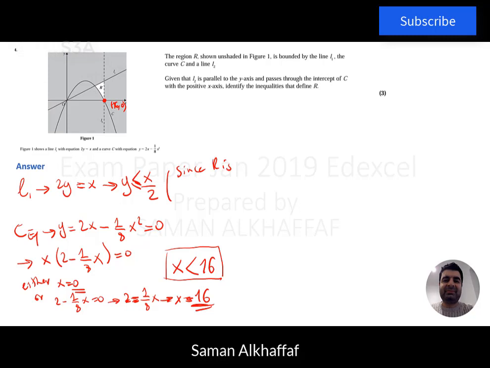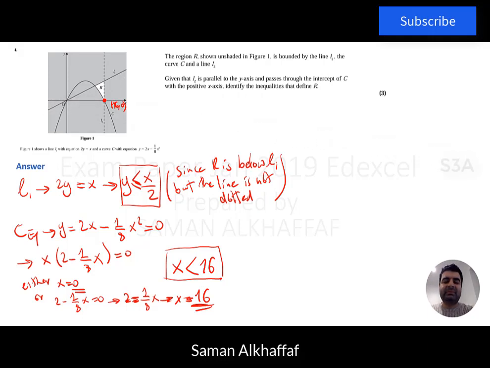R is below L1, but the line is not dotted. So this is why we would have the second inequality, y being smaller than or equal to x over 2.